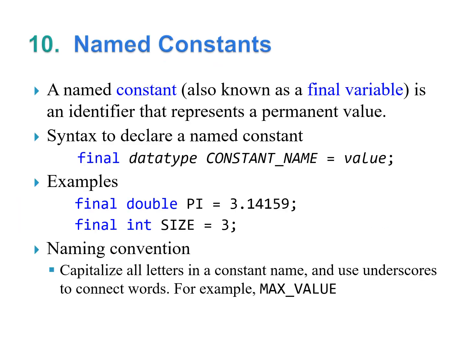The last topic we'll cover in this video is named constants. A named constant, which is also known as a final variable in Java, is an identifier that represents a permanent value. The value of a variable may change during the execution of a program, but the value stored in a named constant, or simply constant, never changes.